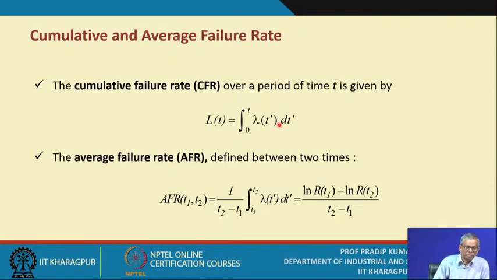Now, we know that for modeling reliability, given a particular product, component, or system, the first thing you must know is the time to failure, and you must be able to explain it properly.